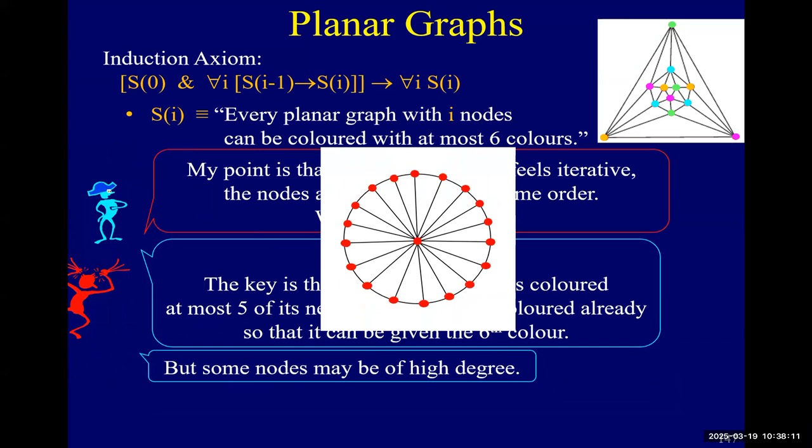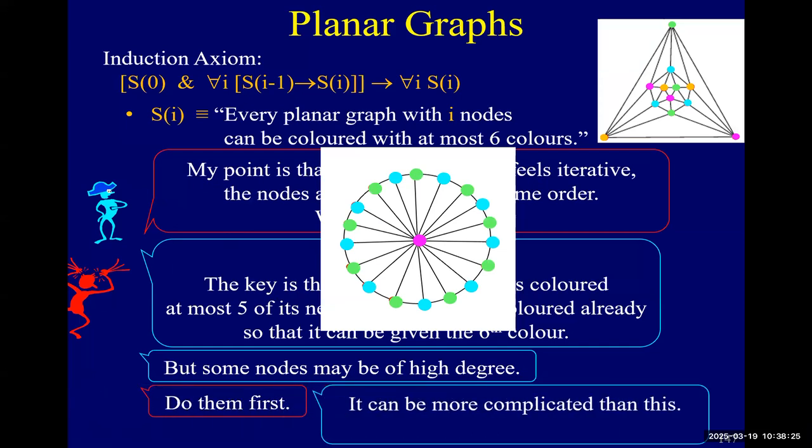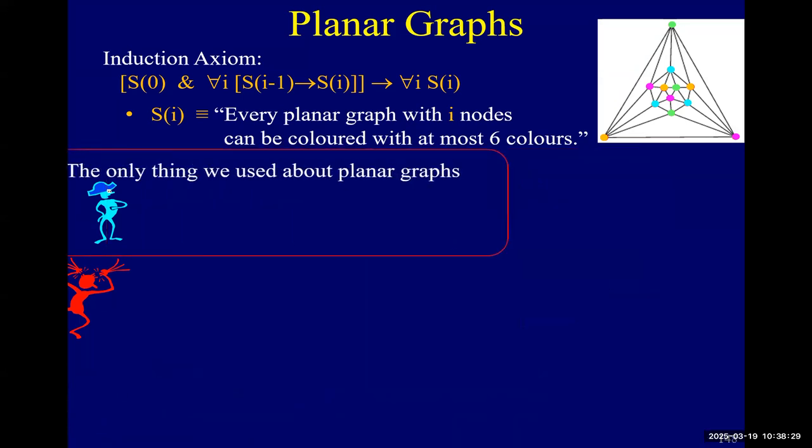There may be nodes of high degree. So we could say, well, certainly in this graph, give it a color first, right? And then we know how to color all the others, right? That's good, right? But it can be more complicated.